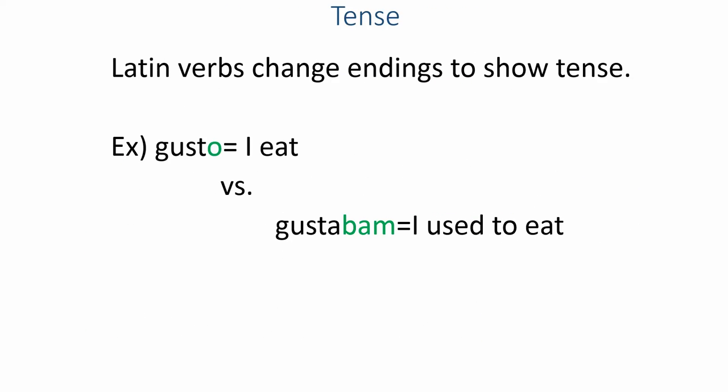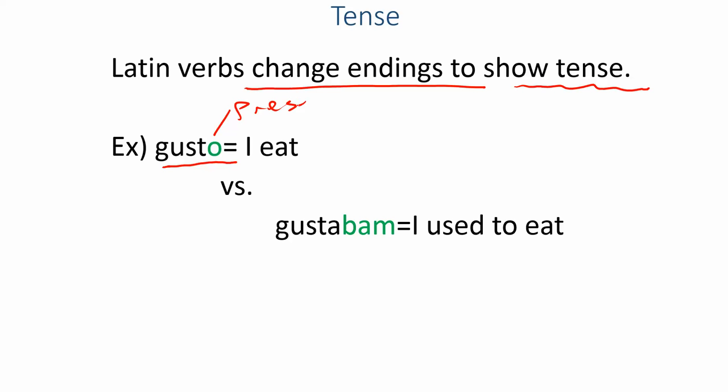So we talked about tense, and I will just talk about it briefly because it has to do with Latin verbs changing endings. This whole video and lesson is going to be about Latin verbs changing endings. They change endings to show tense. That's one reason they change endings. That would be like the difference, just so you can see, between gusto, which is present tense, right?